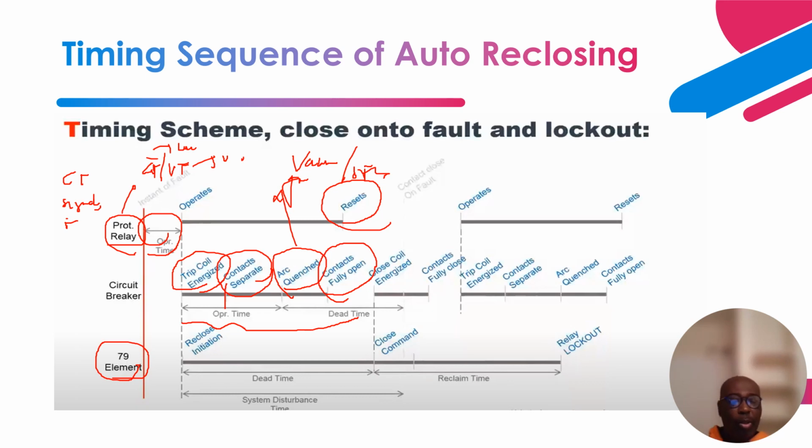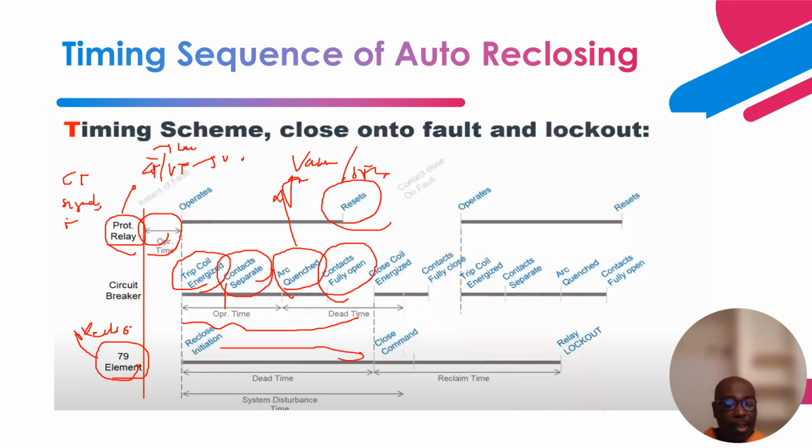Okay, so after that, that's when the 79 element, the reclosing element, comes into play after the breaker has opened. Then the reclosing element, the 79 element, issues a command, right?